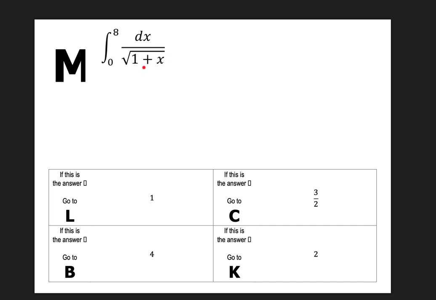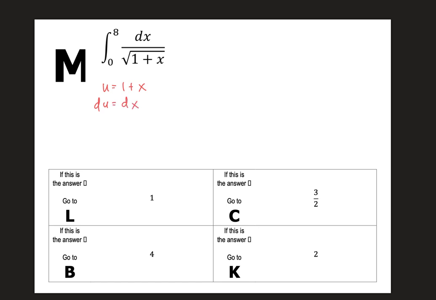So notice if you make u this inside part, 1 plus x, the derivative of 1 plus x is just dx, which is everything else on the outside. Okay, so that tells us that's a good thing to make u. Okay, immediately take derivative.